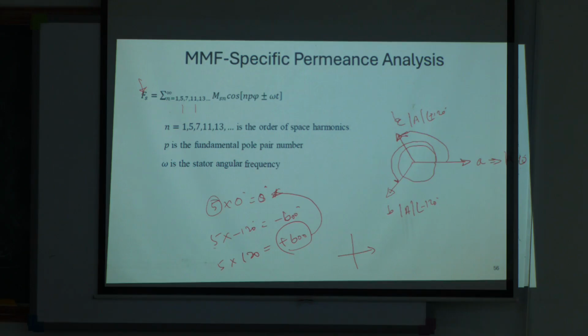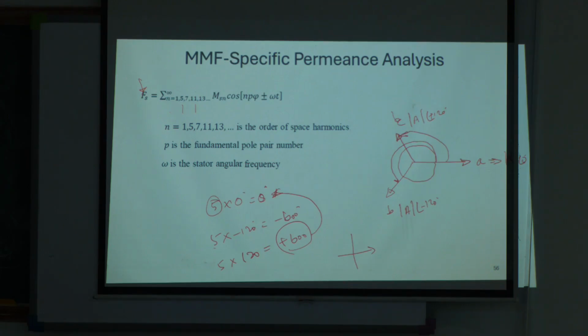So you go 360 degrees clockwise, then 240 degrees clockwise, you will end up here. Okay. So what we know for a fact is the space harmonics, certain orders would result in inverted phase sequence. So 5th order would result in inverted phase sequence. 7th order would result in same phase sequence as fundamental. 11th inverted phase sequence, 13th same, so on and so forth. This is simple mathematics. You can do and check that.